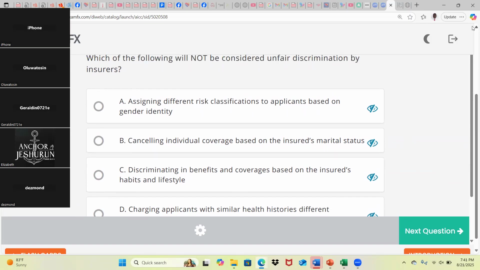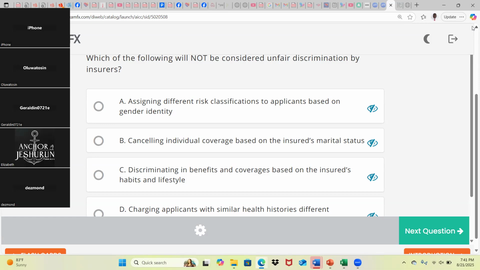Which of the following will not be considered unfair discrimination by insurers? A, assigning different risk classifications to applicants based on gender identity. B, canceling individual coverage based on the insured marital status.